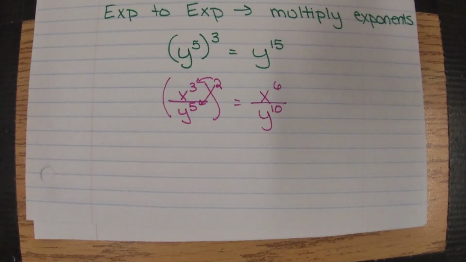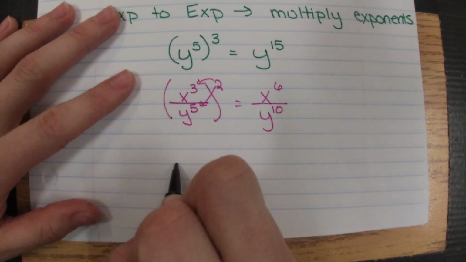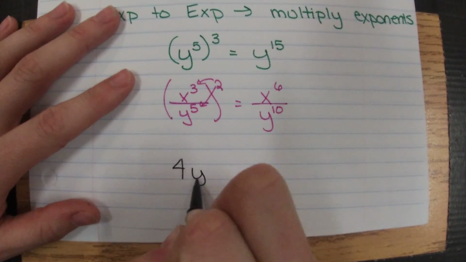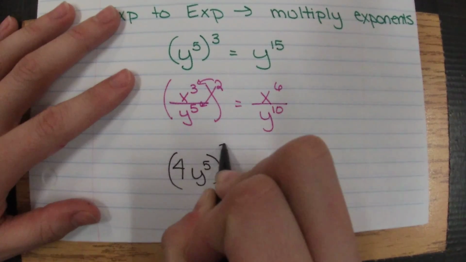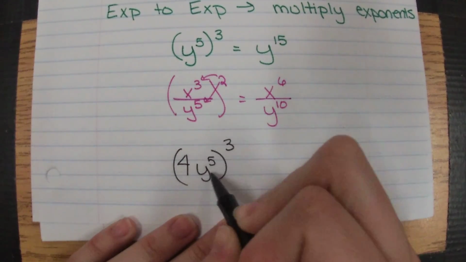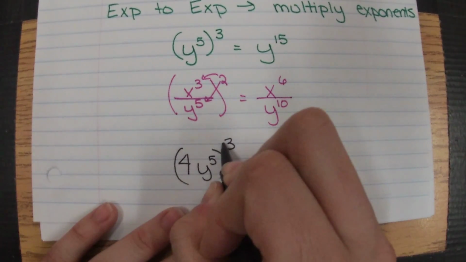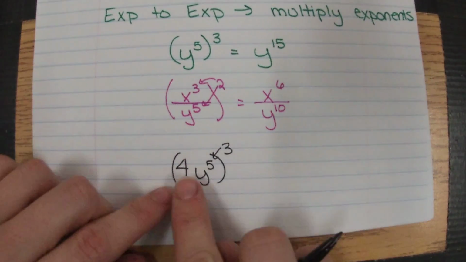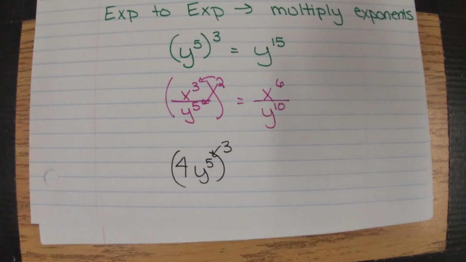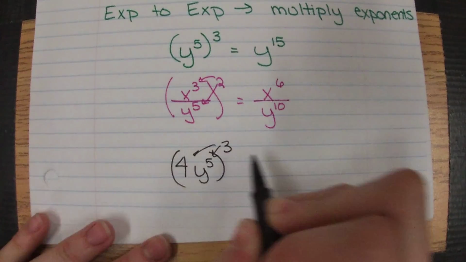Now, the piece that we have to be really careful of is if there is a coefficient, if there is a value in front of that variable. We are still going to multiply the 3 and 5, but this 4 isn't an exponent, so we don't multiply those.